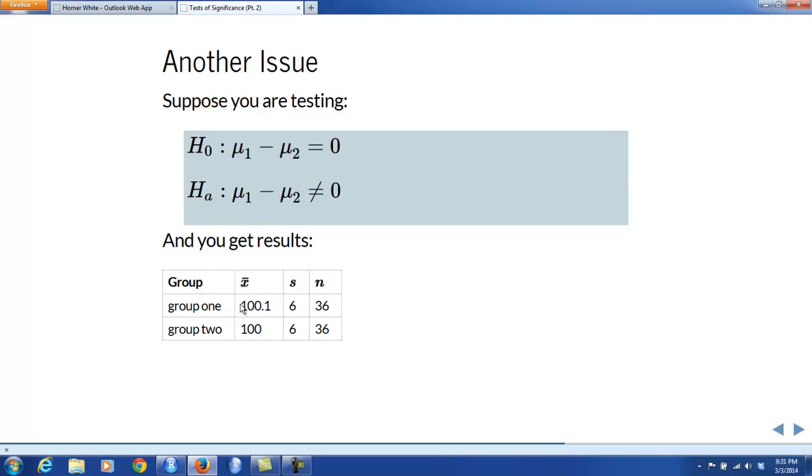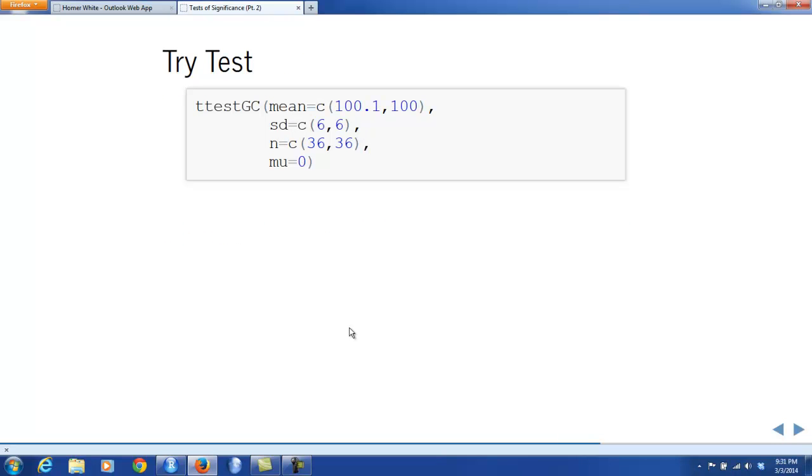And let's say you take your first sample, and the sample mean turns out to be 100.1, and the sample standard deviation is 6, the sample size is 36, and say you take your independent sample from that second population, and the sample mean turns out to be 100, not much different than for the first group. And let's just say that the sample standard deviation was also 6, and that the sample size was also 36.